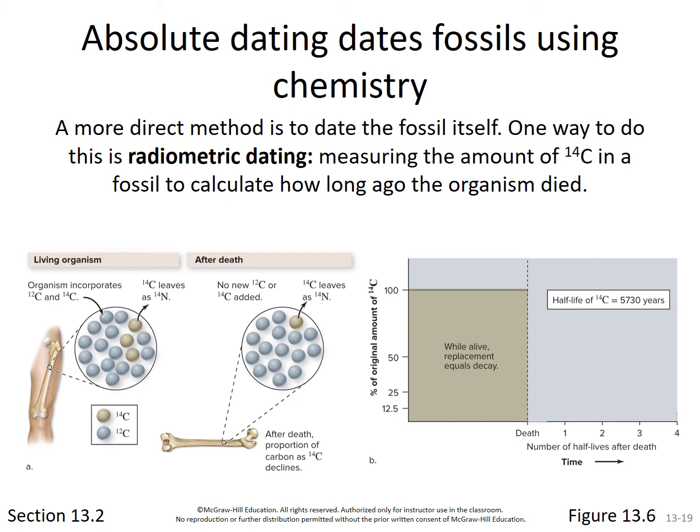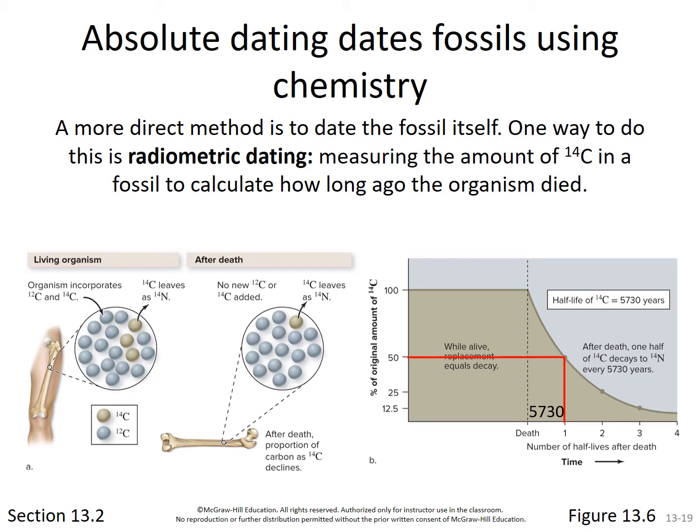If you take a look at this graph, it means that after death, half of the 14 carbon in the dead organism decays to nitrogen every 5,730 years, which means that the amount of 14 carbon decreases as time goes on. Now, think about this. What does it imply if you have 50% of the original amount of 14 carbon? That implies that 5,730 years have passed.